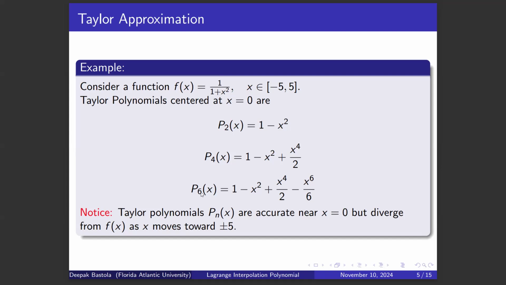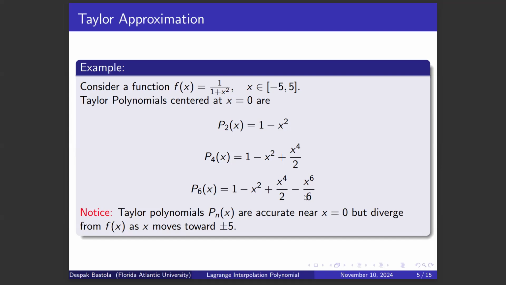If you go with degree 6, then p6(x) is 1 minus x squared plus x to the 4 over 2 minus x to the 6 over 6. So we are approximating 1 over 1 plus x squared, applying Taylor polynomials of different degrees.